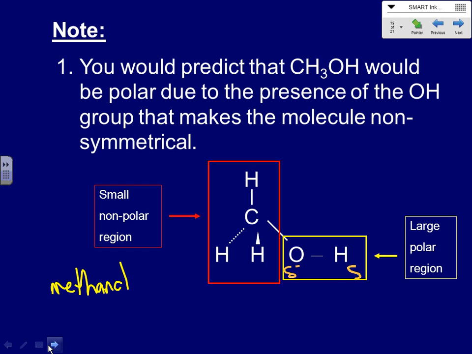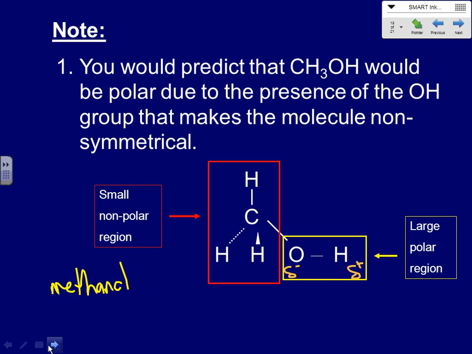This is going to be slightly negative. This is going to be slightly positive. This is going to be non-polar because these dipoles are going to cancel out. It may have a small degree of polarity because it's got a slightly trigonal planar shape, but it's not very polar.